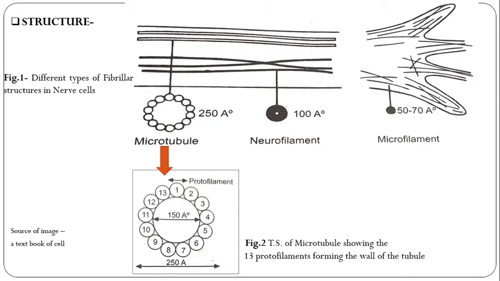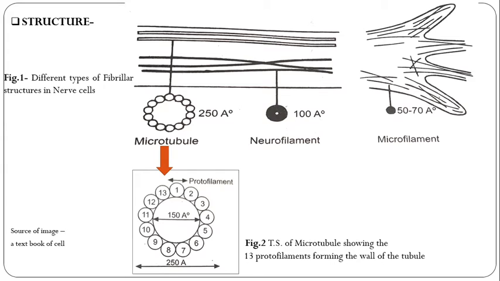See in this structure the different types of fibril structures in nerve cells. First, the parallel-lined tube-like structures are the microtubules, with 13 protofilaments. See in the TS of the microtubules, showing the 13 protofilaments forming the wall of the tubules.